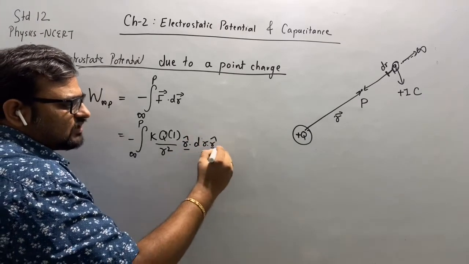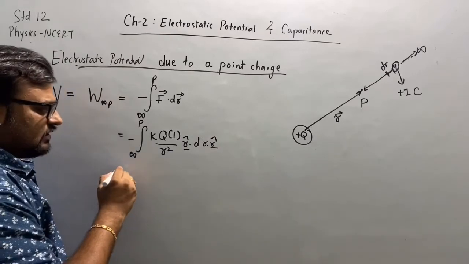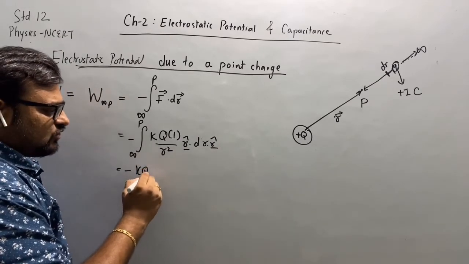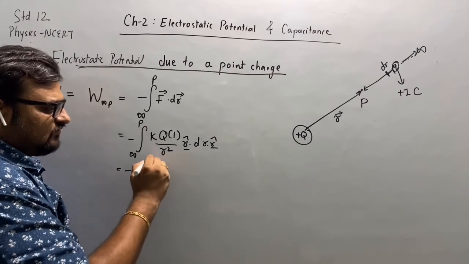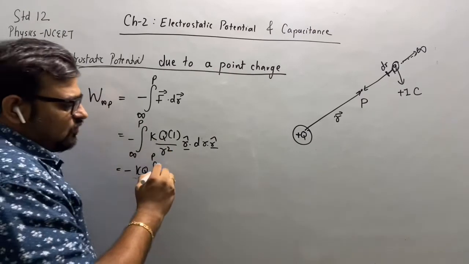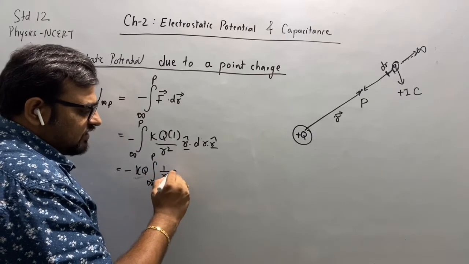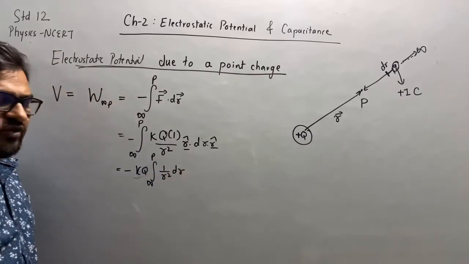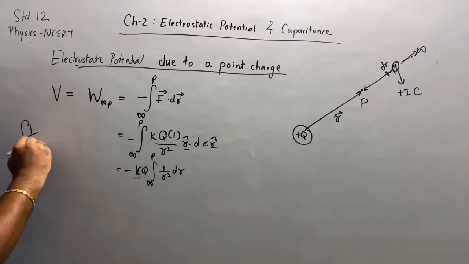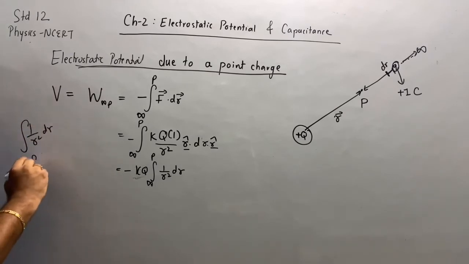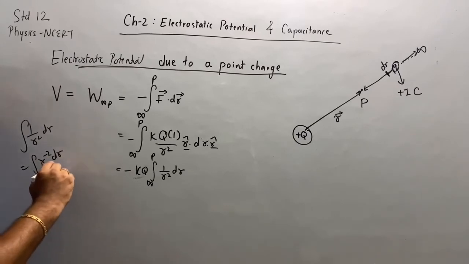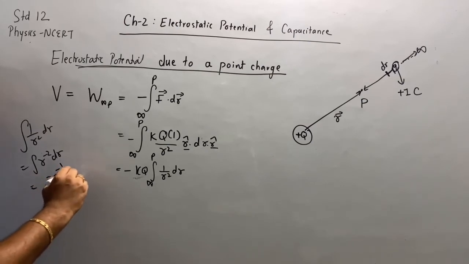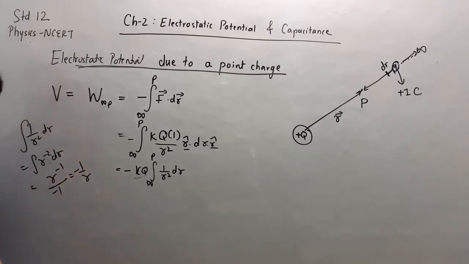So unit vector r dot unit vector r is 1, and it will be minus kq integration from infinity to p of 1 by r square dr. Now, what is the integration of 1 by r square? The integration of r raised to minus 2 dr is r raised to minus 2 plus 1, that is minus 1 upon minus 2 plus 1, which gives minus 1 by r.